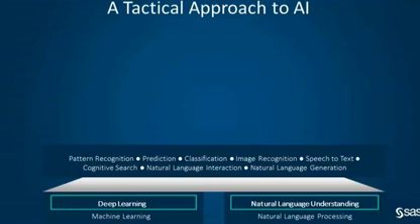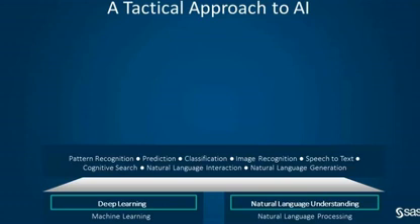So if we move back to how we build an AI application, we've talked about the building blocks, machine learning and natural language processing, the extension of those building blocks into key elements of deep learning and natural language understanding. And you can use those either together or independently to build AI capabilities.